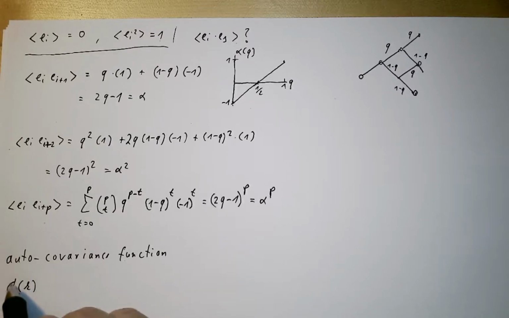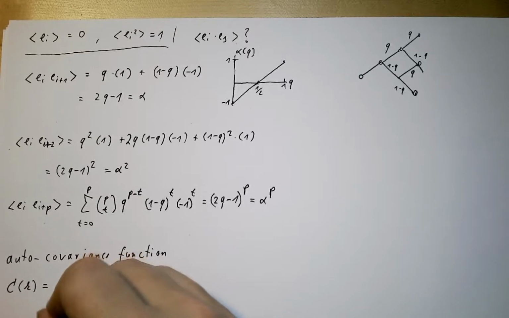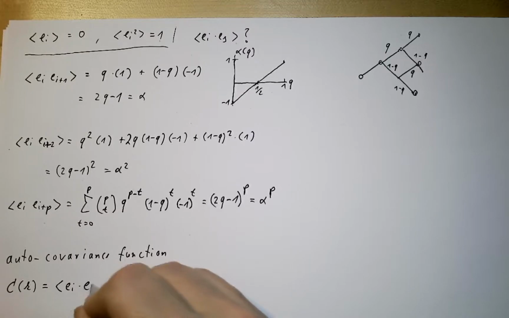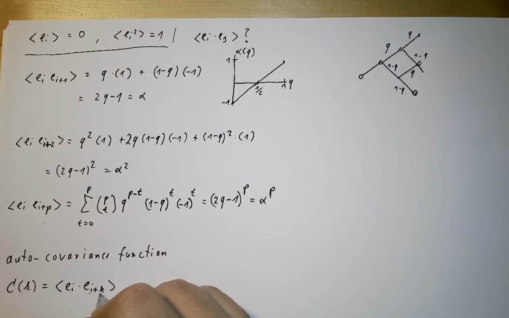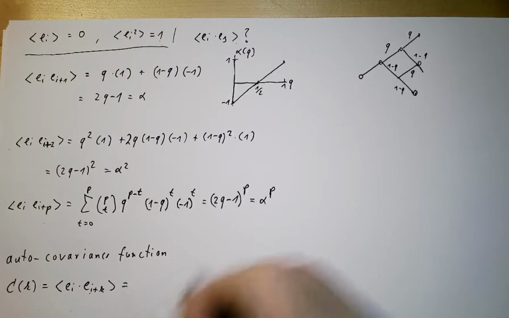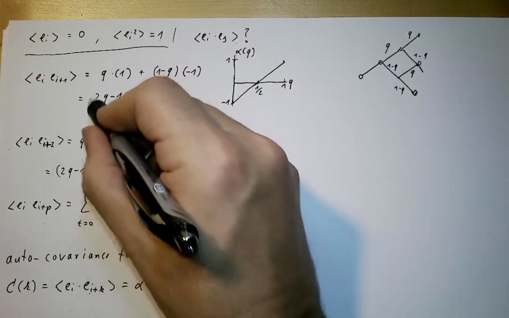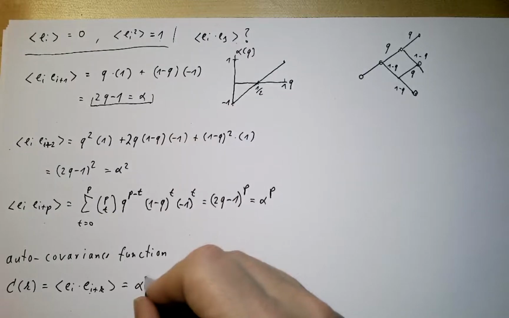So now I call it C, the covariance. It depends on the time difference, and so it's the expectation of the increment at a certain time times the increment at a time shifted by k. Yeah. And this is just our parameter q here, alpha to the power k.